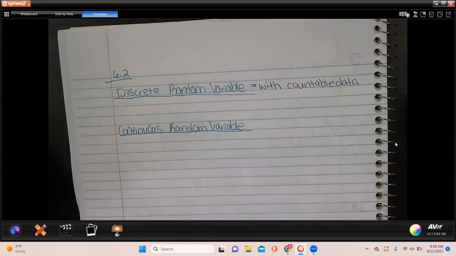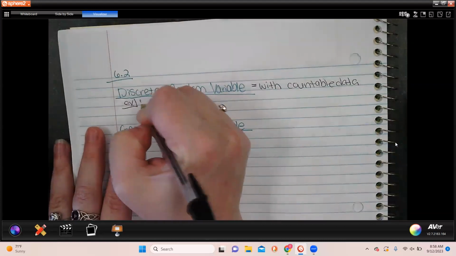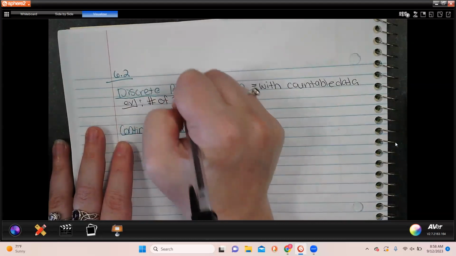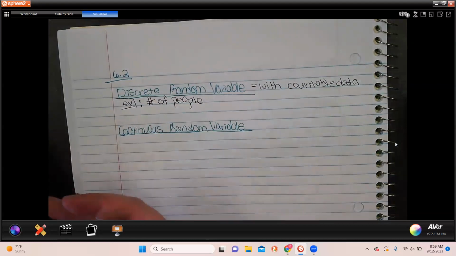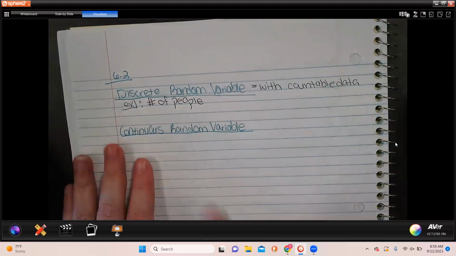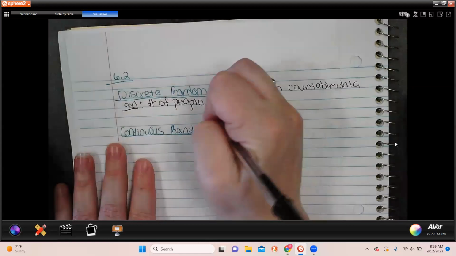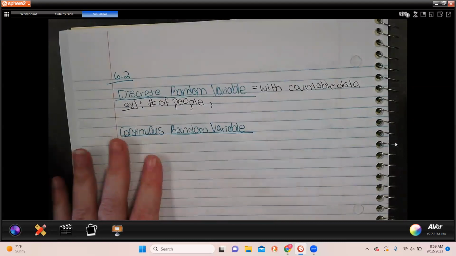They are numbers that are truly staccato, truly separated. Some examples of discrete random variables would be number of people. You can't have half a person, y'all. You have to count whole numbers: 1, 2, 3, 4, 5. You cannot separate that. Another one you can have is some other countable number.